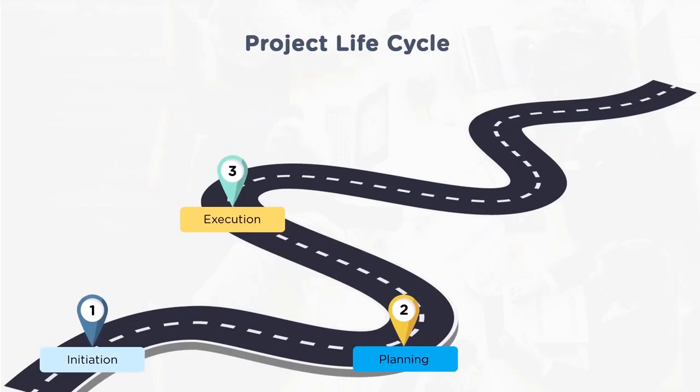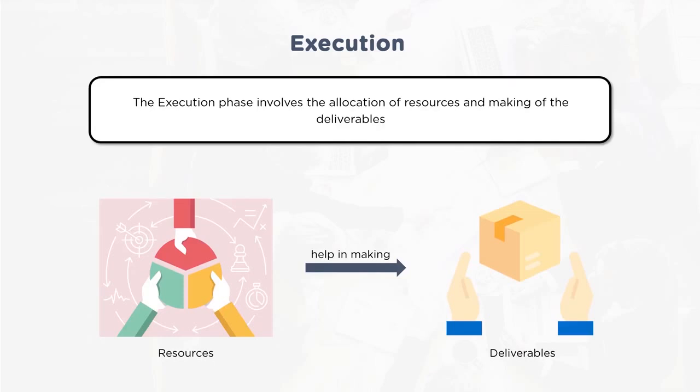Then execution. As you have a blueprint of the project, the direction of the project is set, and detailing of the project has been made, one will go ahead and execute the project. Execute in the sense of implementation, acquiring resources and implementing. The execution phase involves the allocation of resources and making the deliverables as required. You acquire resources, you configure a resource, you ensure the right resources are acquired.